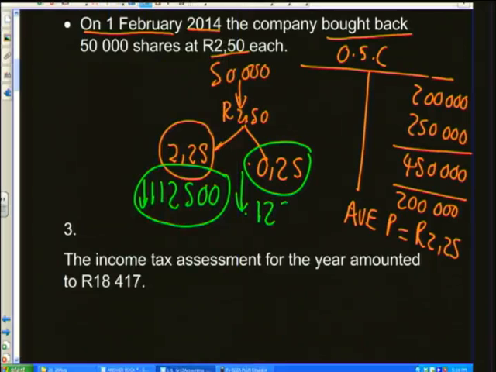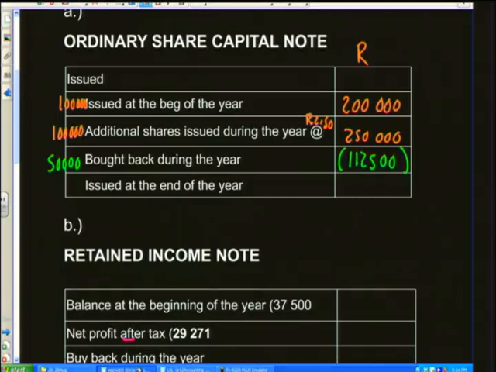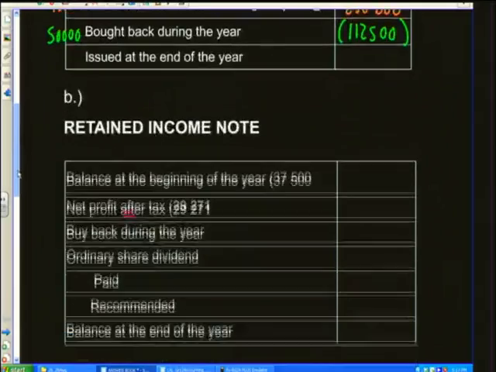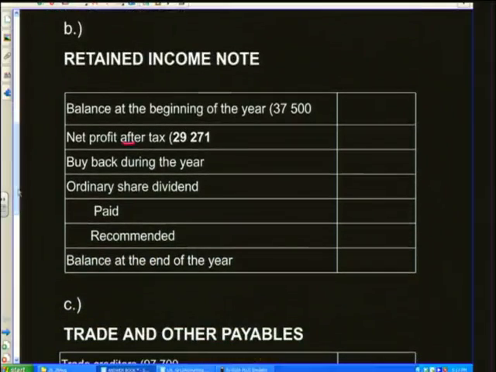Immediately I'm going to go to my answer book, to the retained income note. So there's retained income, my buyback during the year. Buyback during the year, retained income will reduce by 12,500.